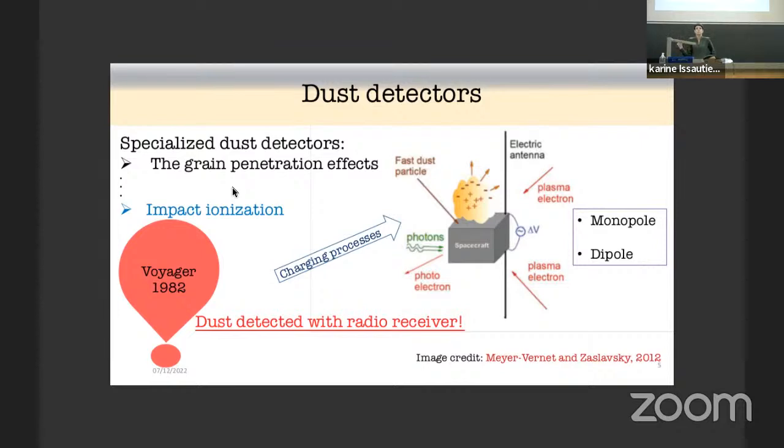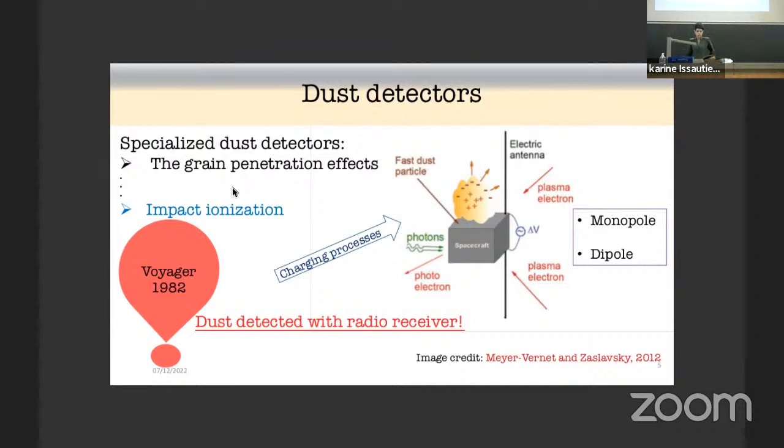With some analysis, they realized it was basically a dust detection. This was the first time dust was detected with radio instruments, which opened a completely new window in the investigation of dust.